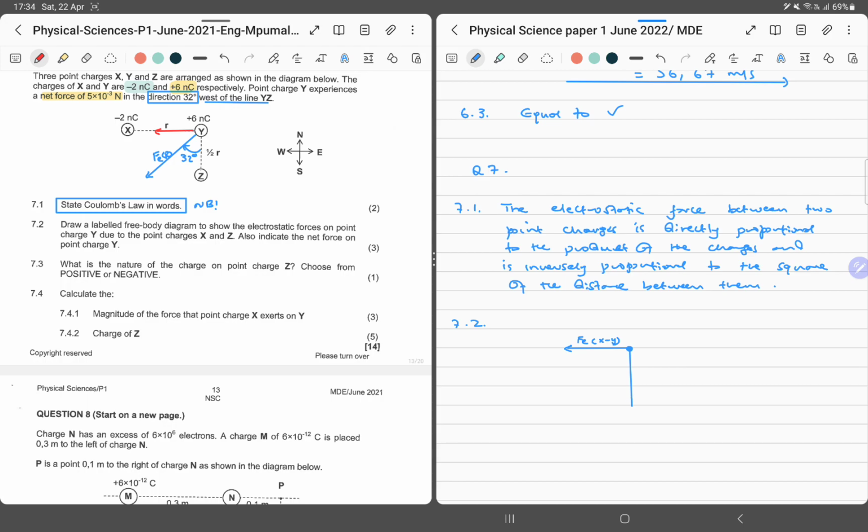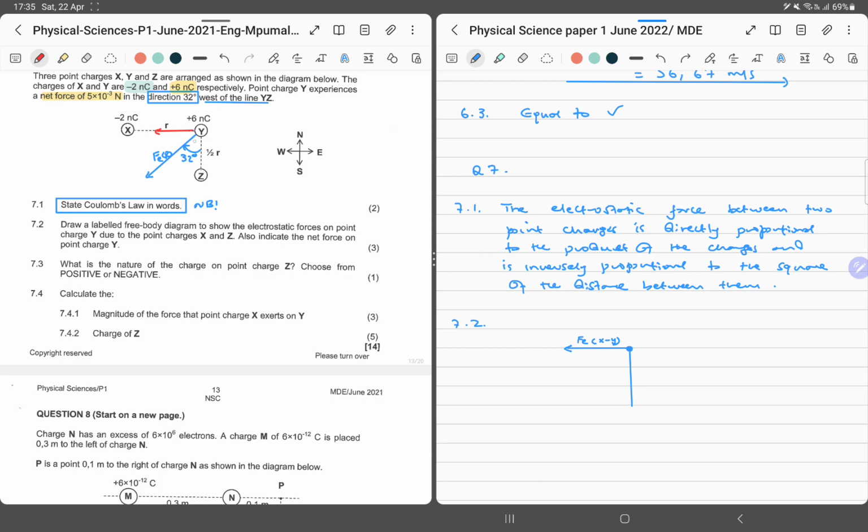But now we know that this is a positive charge and it's a positive charge. So Y will actually be experiencing a force in that direction due to Z. Wait, Z is not positive. We need to determine that.